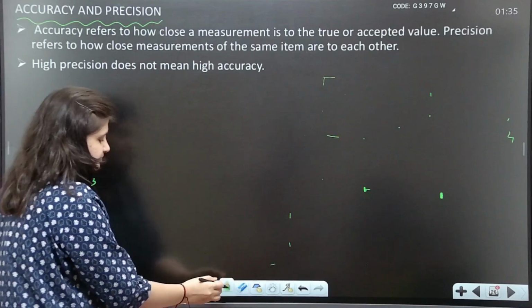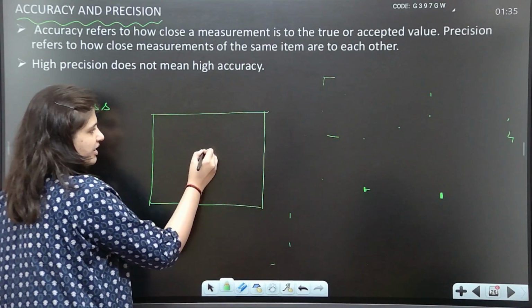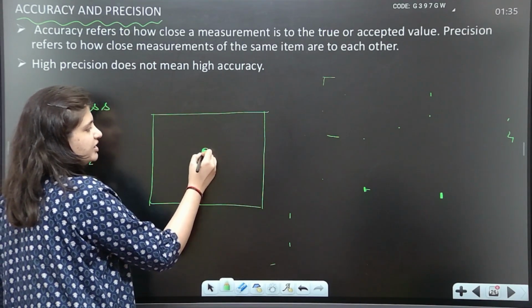For example, let's consider that here at the center we have the true value.